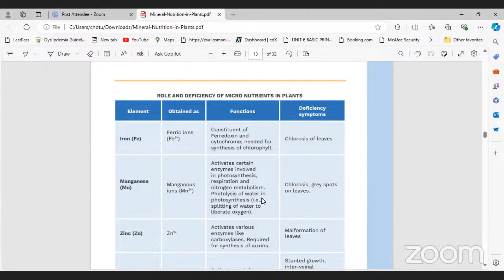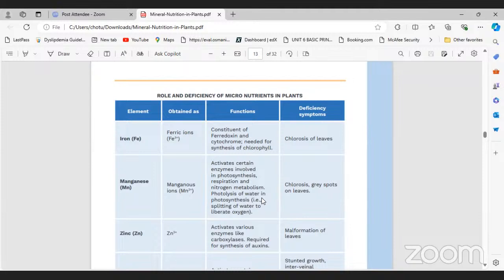Iron is normally absorbed in the ferrous form, though it can be absorbed in the ferric form as well; in the latter case it is rapidly reduced within the cell into the ferrous form, the physiologically active state of the element.